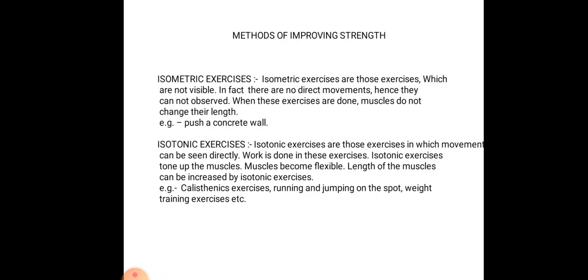For example, calisthenics, which means empty hand exercise, running and jumping on the spot, and weight training exercise. These are examples of isotonic exercise for improving strength.